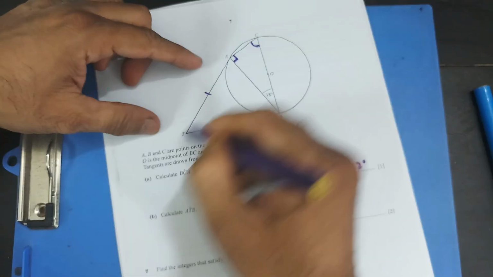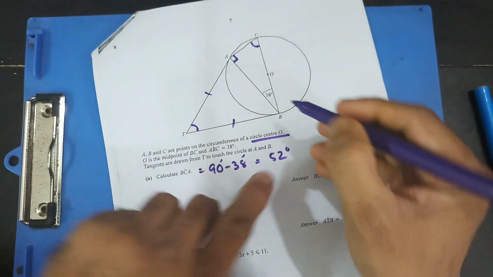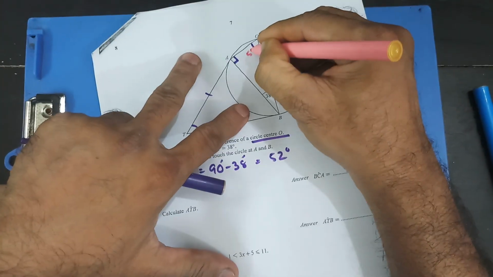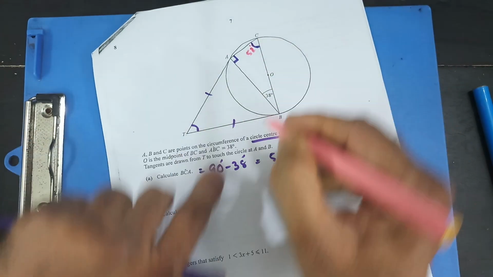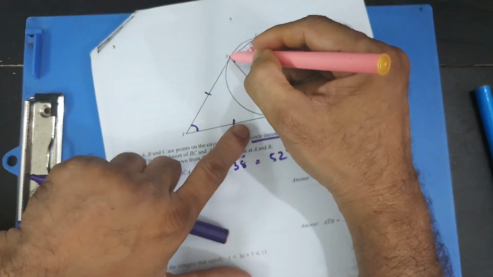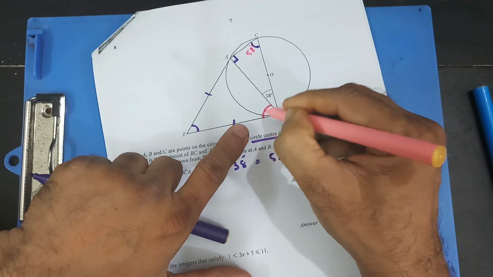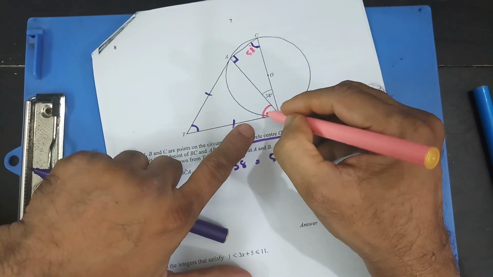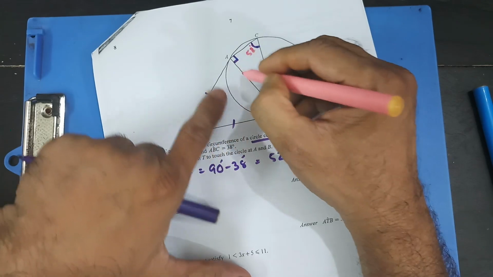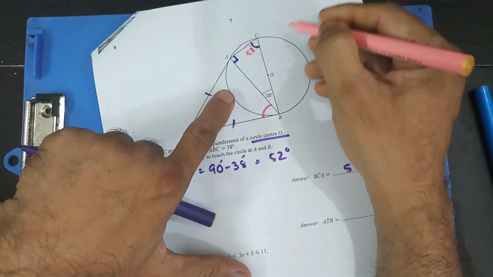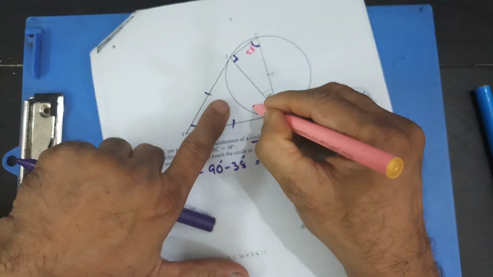Calculate ATB, this one. Now the alternate segment theorem says, let me write down this one. This is 52 degrees. The alternate segment theorem says that when a tangent makes an angle with the chord of a circle, this angle equals the angle that the chord makes on the other side of the segment. So this angle equals.